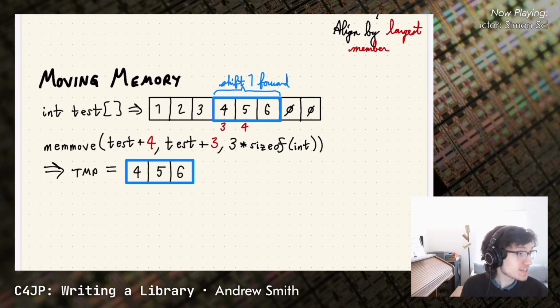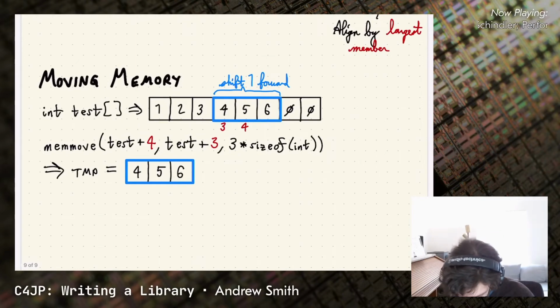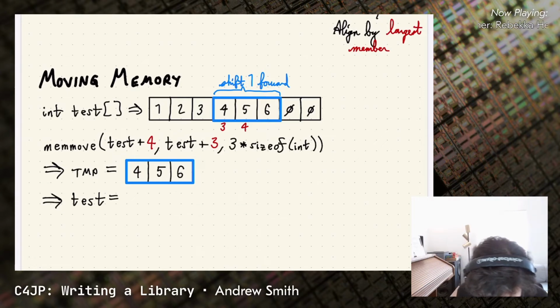And now after this has happened, then we are going to replace the values in your original array. And so it's then going to say, all right, we're now going to move the values in test. So let's see here, test had 1, 2, 3, 4, 5, 6, 7.